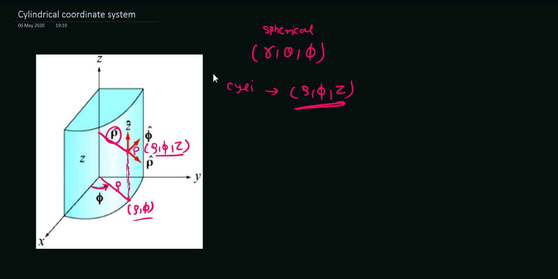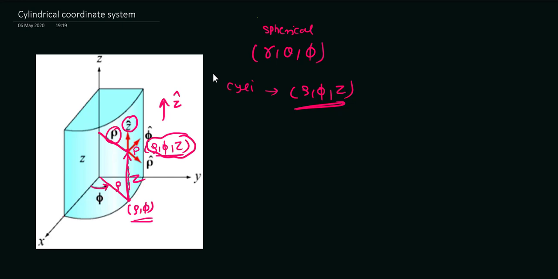This is point rho comma phi. Now from this point, if you move a distance z in the direction of this z cap, which is shown here, then you will get this point rho, phi, z.